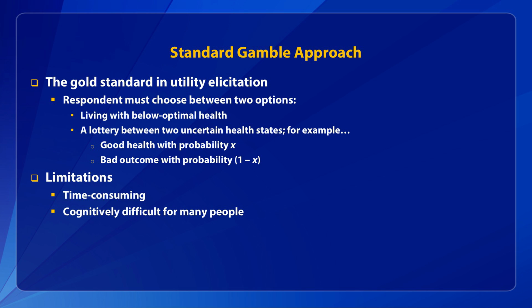How low does the probability of death have to be for you to be indifferent between your certain health with a body mass index above 35 and the gamble of taking the surgery which could lead to death or perfect health? The probability, or p-value, derived from this scenario reflects the utility for the certain health state under consideration, in this case body mass index above 35.